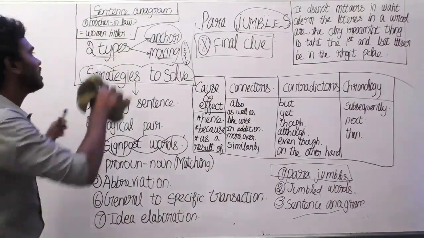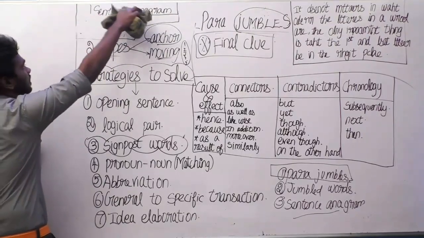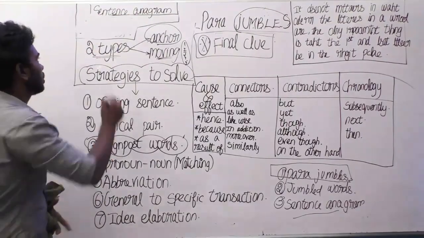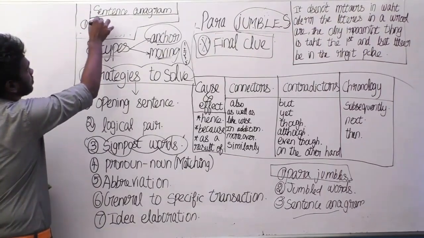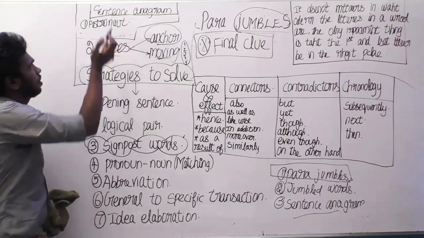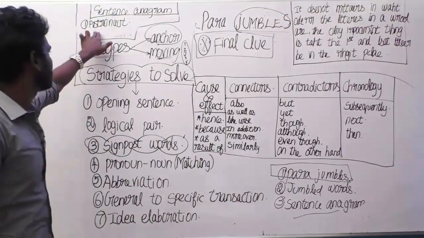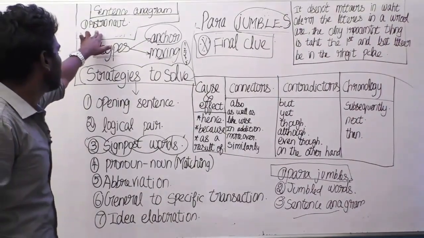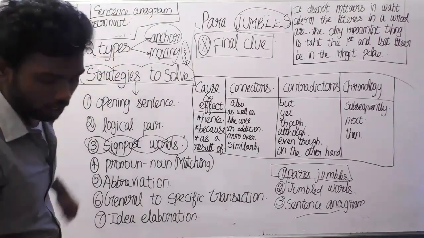If you want to see another example for sentence anagram, there is another word, astronomer. Who is an astronomer? If you rearrange this, you are again going to get a meaningful pair.